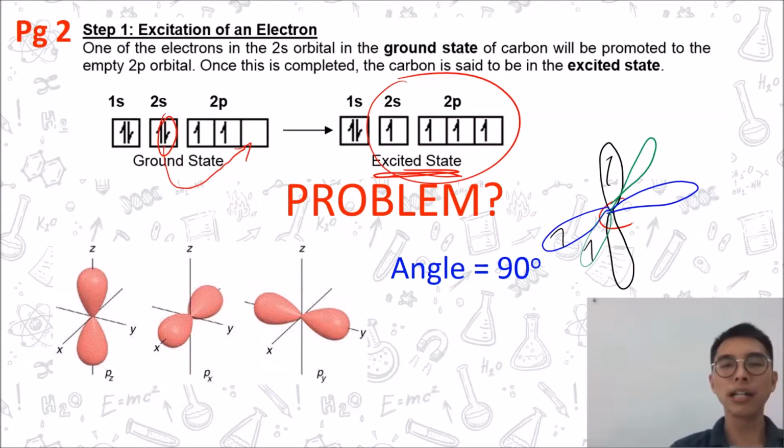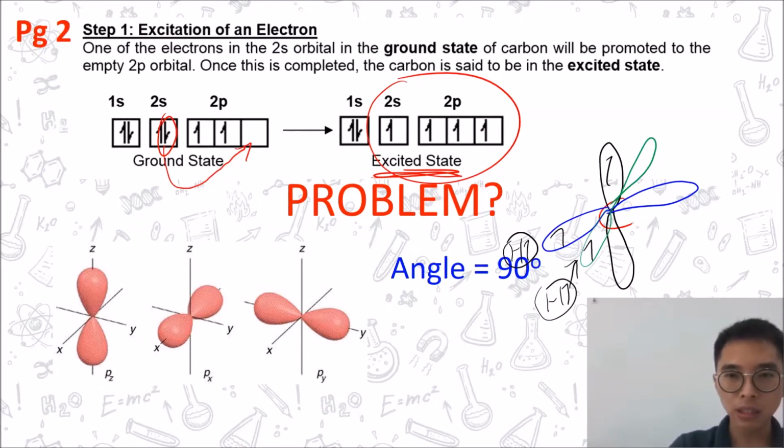You saw earlier in the valence bond theory that in order to form the sigma bonds, the orbitals are going to overlap head-on. So my hydrogen is going to come in and overlap; the unpaired electron is going to overlap head-on with the unpaired electrons here.